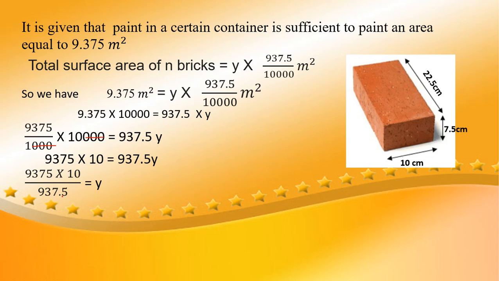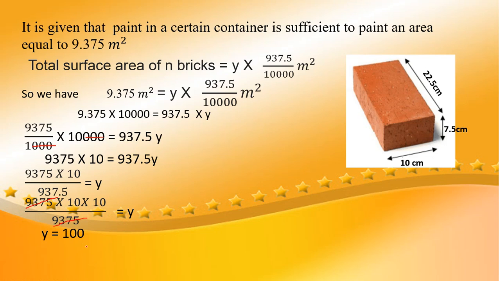Here again, when we remove the decimal from the denominator, we multiply the numerator by 10. So now the step we get here is 9,375 into 10 upon 9,375. Now these two 9,375 from the numerator and denominator will cancel out. So we get 10 into 10, that is 100.